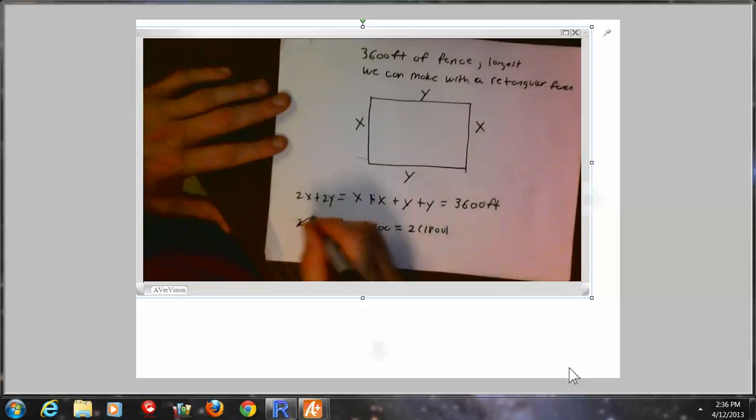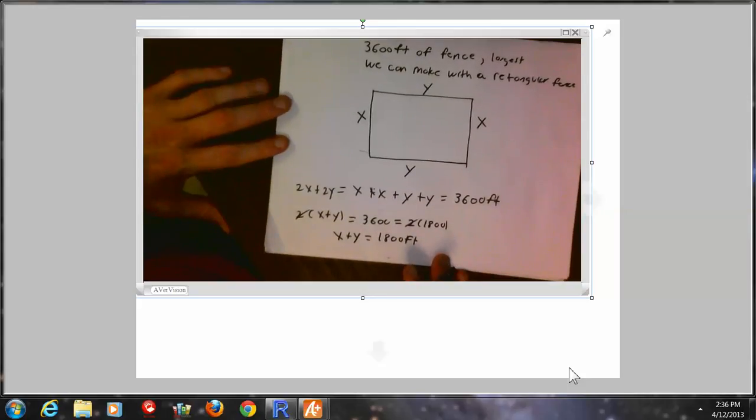The 2's cancel out, and I get x plus y is equal to 1,800. And I can write that as y is equal to 1,800 minus x.